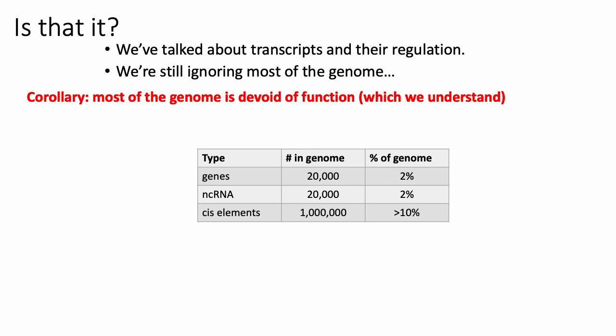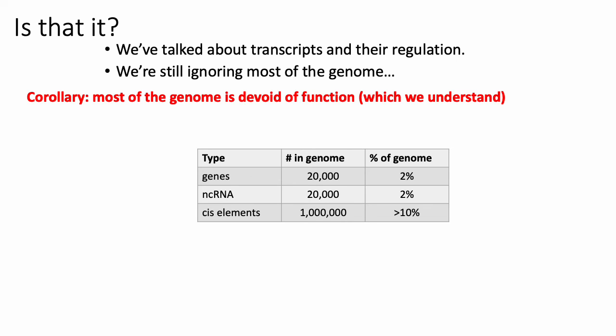Let's briefly discuss the structure and function of repetitive sequences in the genome. We spend a lot of time in this lecture talking about individual transcripts, the regulation, what type of regulatory elements control them, and so on. But we're actually ignoring most of the genome.